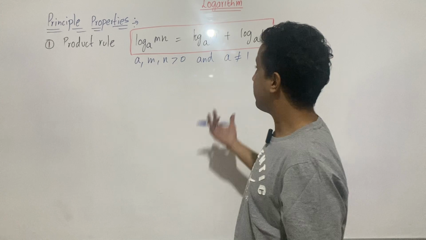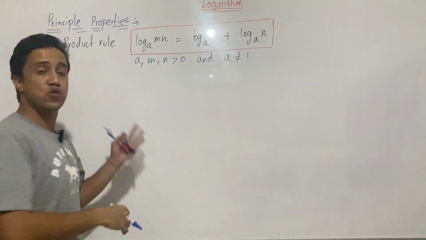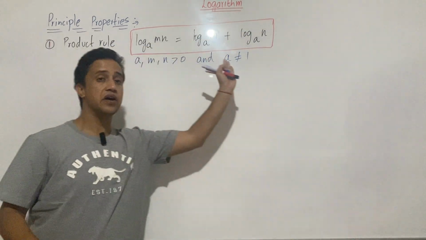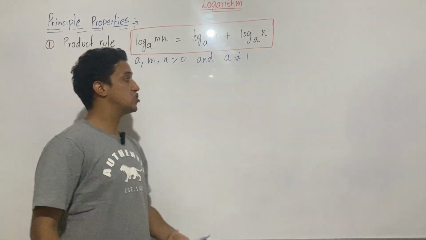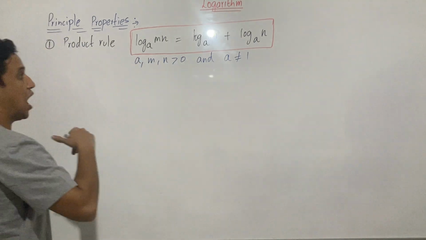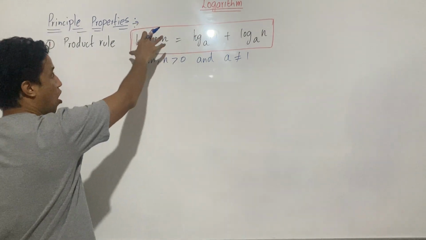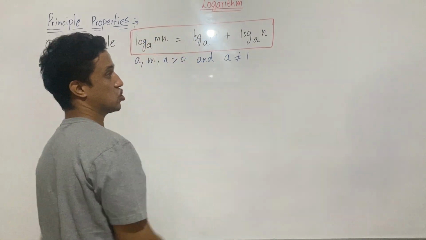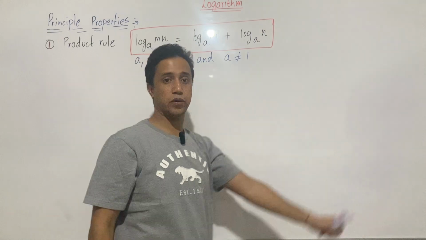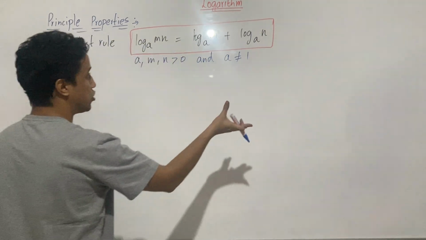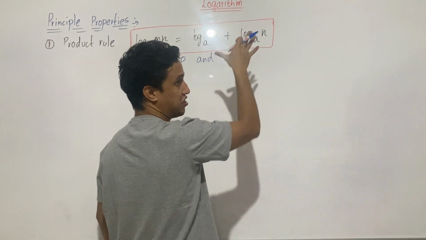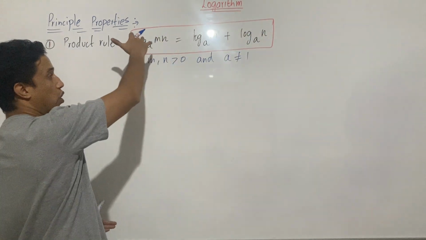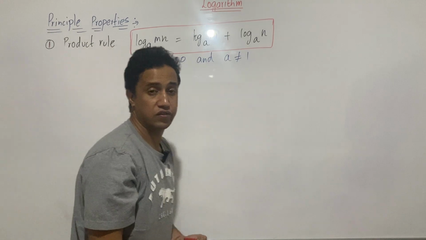So this is the product rule. Now we have to prove it, because here I have only written it. So let's prove log mn to the base a equals log m to the base a plus log n to the base a. I will start with the right hand side part, and in the end I will get to the left hand side part.